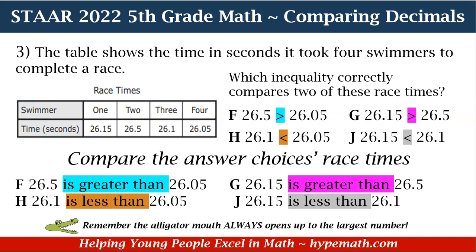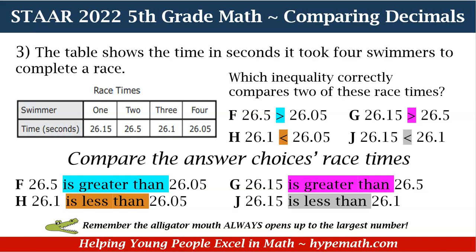So for F, it's saying that 26 and 5/10 is greater than 26 and 5/100. Is that correct? G, 26 and 15/100 is greater than 26 and 5/10.